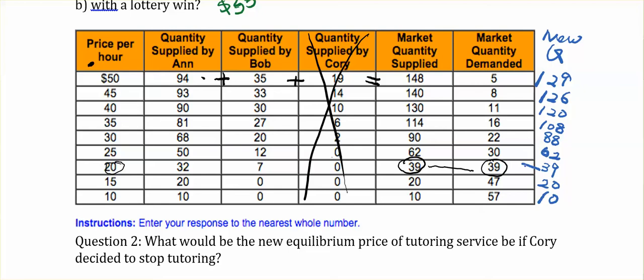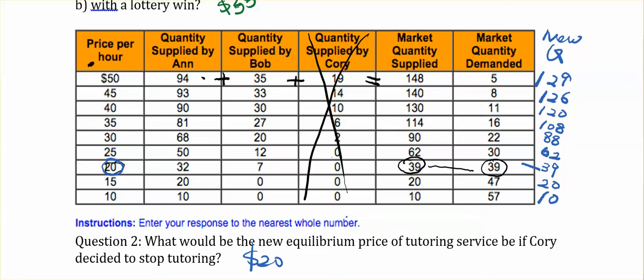What is the equilibrium price? We find the price in the same row, and that is $20. So the answer to the question, what would be the new equilibrium price of tutoring service if Corey decides to stop tutoring, is $20.